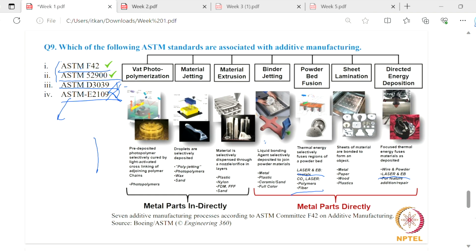But here the materials don't have very high reflectivity. When we use a laser with this type of material, there is deflection. To avoid deflection, we use an electron beam, because an electron beam does not deflect, but it will be costlier.